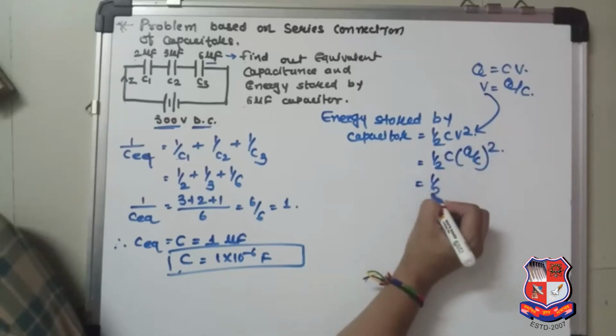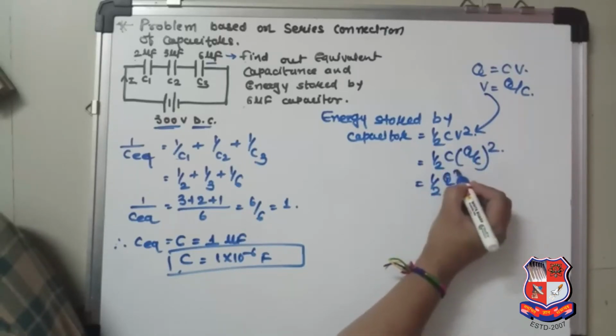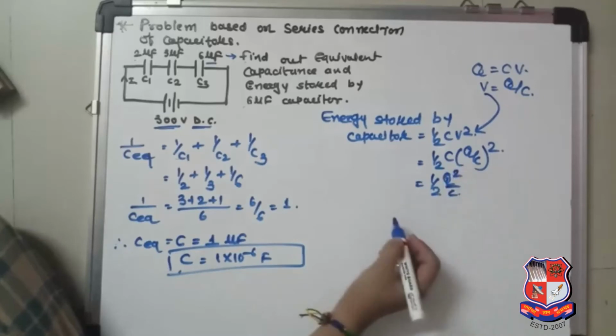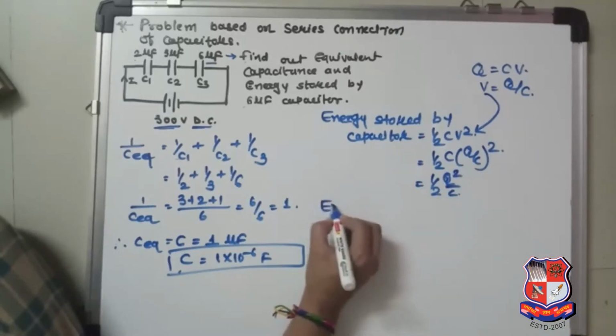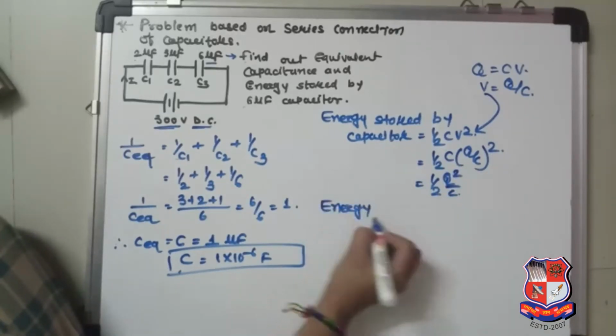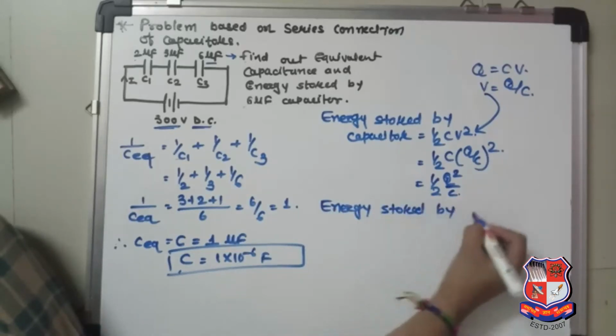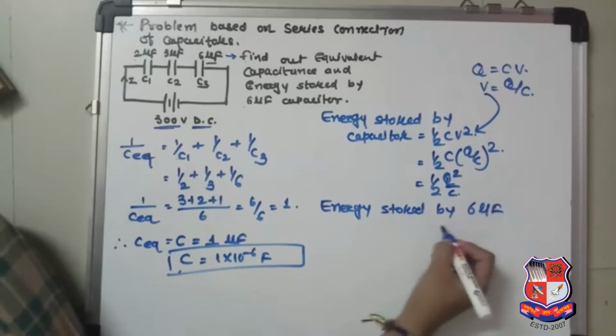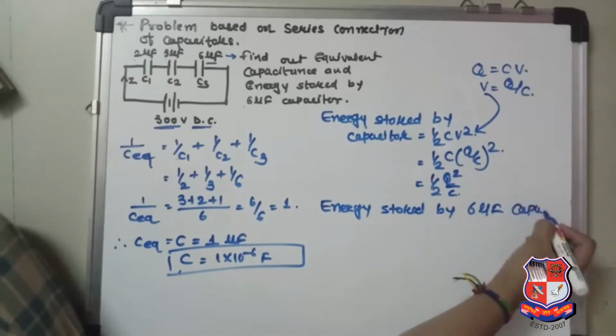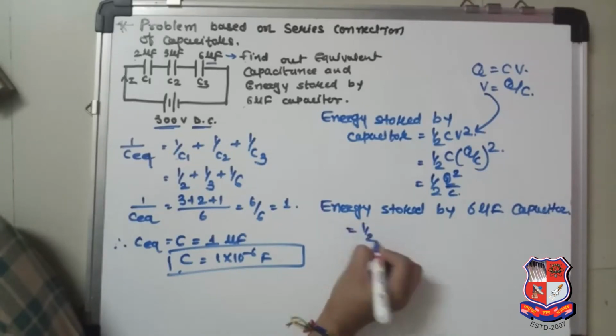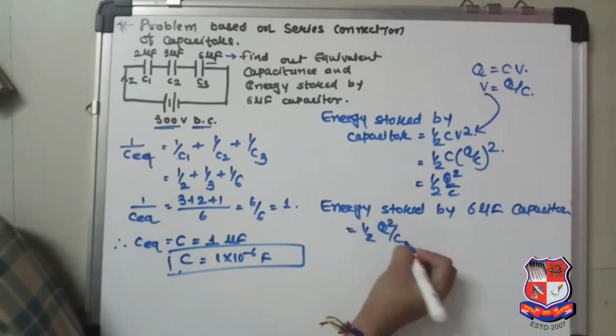So finally 1/2 Q square divided by C. So the energy stored by the 6 microfarad capacitor will be given by 1/2 Q square by C.